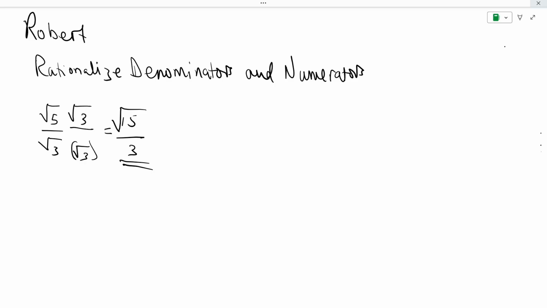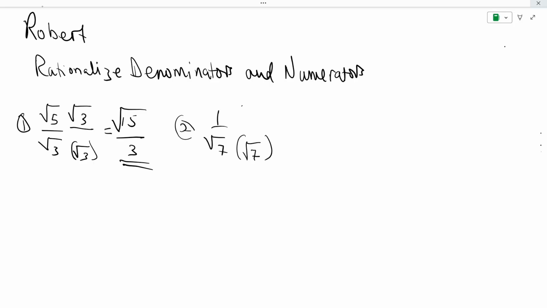Now, let's look at another example. Let's have number 2. If we had something like 1 divided by root 7, and you're asked to rationalize the denominator, you need to get rid of the root sign in the denominator. Since that is a square root, we need to multiply it by another square root.